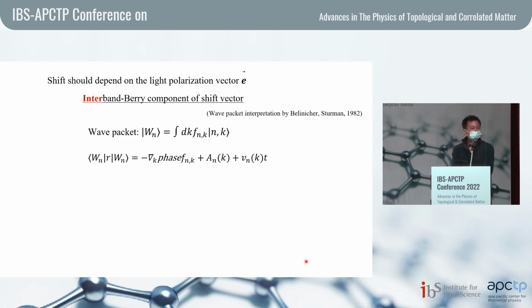And so here, to motivate it, I'll tell you a bit about the wave packet interpretation of the shift vector developed by Baltz and Sturman. So you can construct, say, a wave packet in a band n by linearly combining Bloch states, and when you calculate the expectation value of the position for this wave packet, you get some terms like the intraband Berry connection.